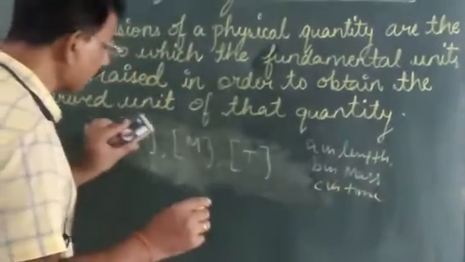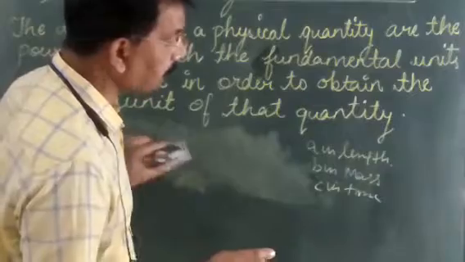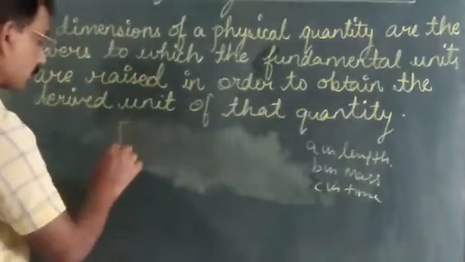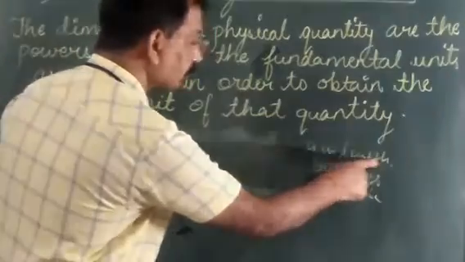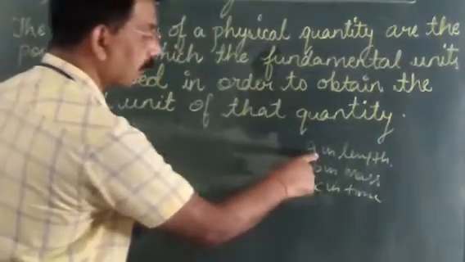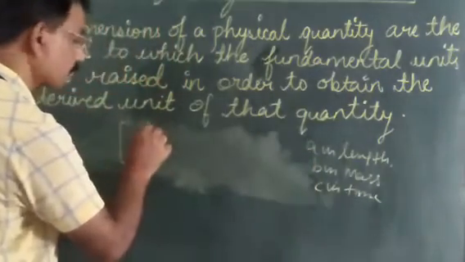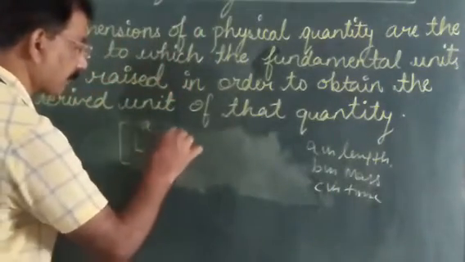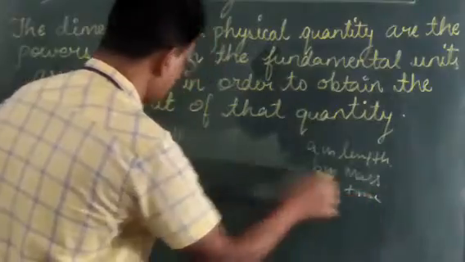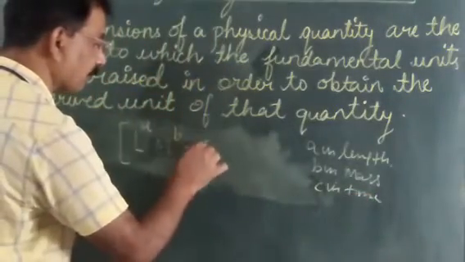So how can we write the dimension of that physical quantity? So dimension of that physical quantity is given L. For length, what notation will we use? L. What is the power raised on it? A. L to the power A. B in mass means M to the power B and C in time. So you can write here T to the power C.